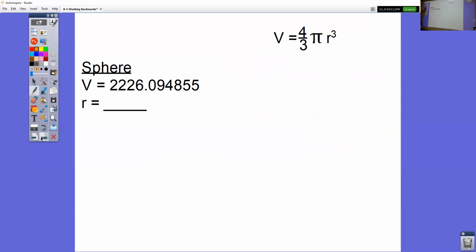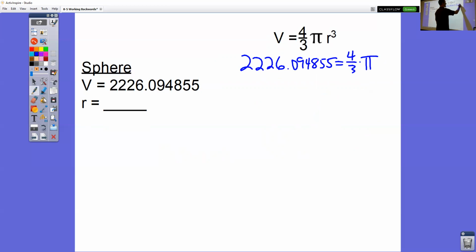Let's take a look at another sphere question. Again, the first step is to sub in what you know. So 2,226.094855 equals 4/3 stays 4/3, pi stays pi, and r cubed stays r cubed because that's what we're looking for.